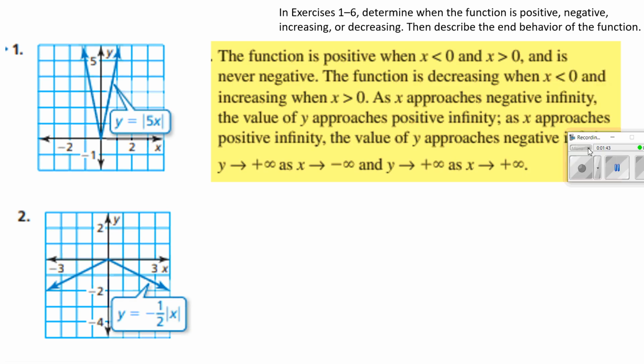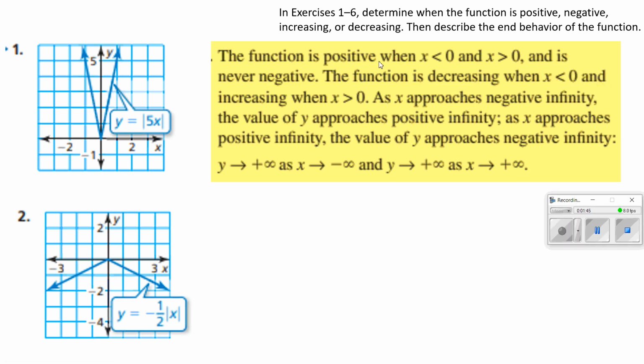So let's go ahead and review this again. The function is positive when x is less than 0, also when it's greater than 0, but not at 0. So you can't conclude that. It is never negative because y is never going to be negative. The function is decreasing when x is smaller than 0. It's increasing when x is greater than 0. As x approaches negative infinity, y approaches positive infinity.